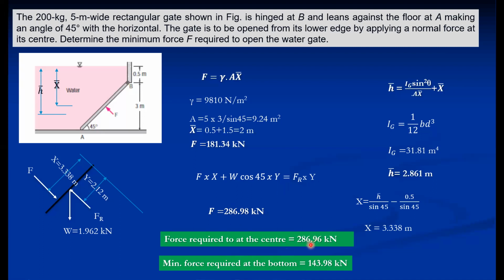Instead of 286.96, it reduces to half, that is 143.98. So this is the minimum force required at the bottom, but here the mechanism is provided to apply the force at its center. It is recommended that if you provide the mechanism at the bottom, the force required is almost reduced by half.